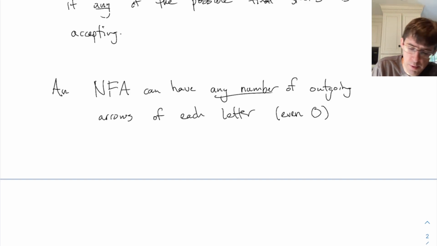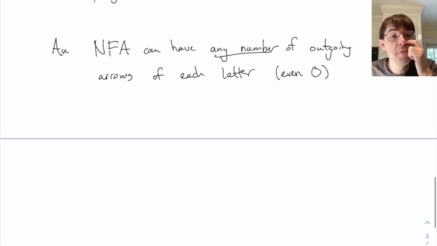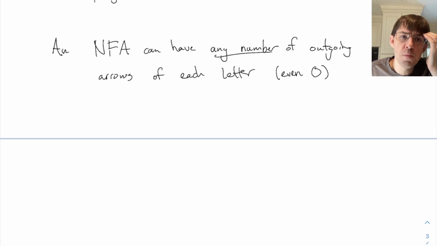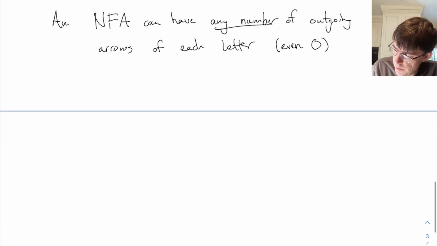Most of the NFAs that we use are going to be of this type. On one level NFAs seem more confusing because there are so many different paths you could take, but some NFAs, depending on how you make them, are actually very clear. So here's an example of an NFA which is very clear in my opinion.